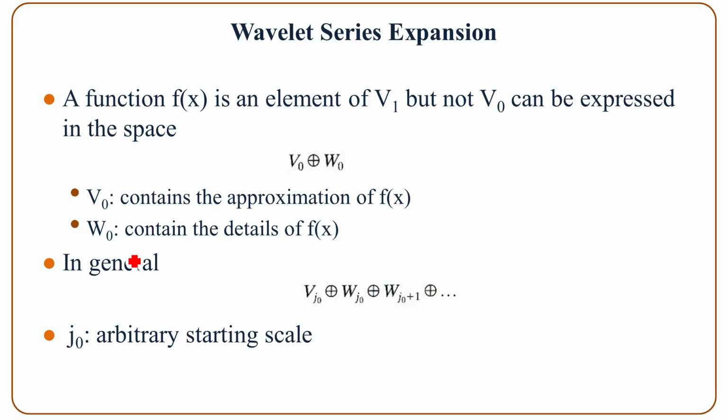A function f of x that is an element of V1 but not V0 can be expressed in the space V0 and then union with W0, and this is actually equal to V1.